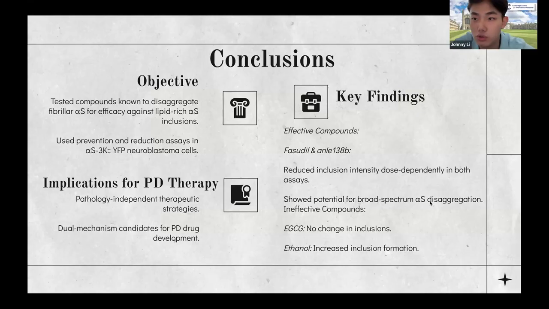Another is that reducing alpha-synuclein aggregation might indirectly promote degradation or clearance, so this could contribute to therapeutic benefit. Ultimately, understanding these is the key to developing drugs that can safely and effectively reduce alpha-synuclein pathology in Parkinson's disease, and also related disorders.